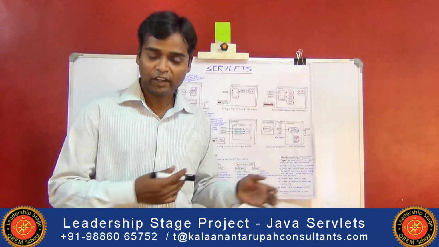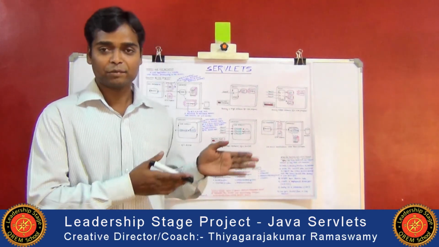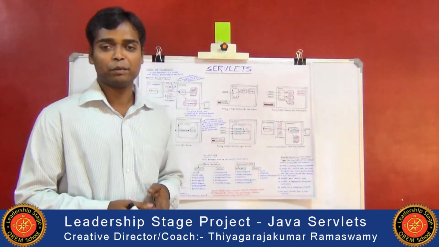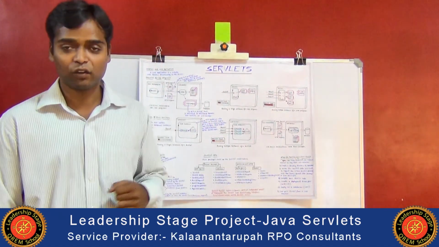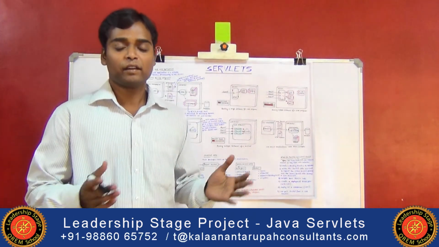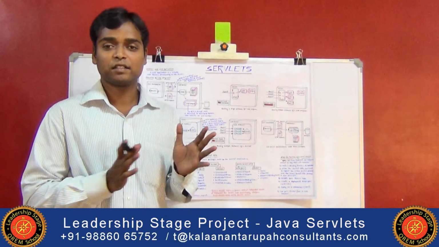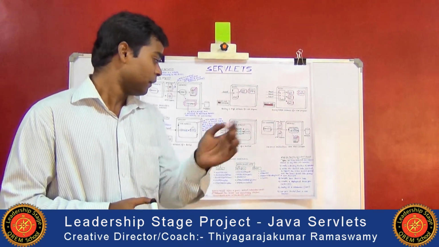First we need to create a directory structure. In that we can add as many classes and HTML pages as we want in the directory structure of the application. Second is writing the servlet code. In the servlet code, we write the HTTP request and HTTP response that we import from these packages.